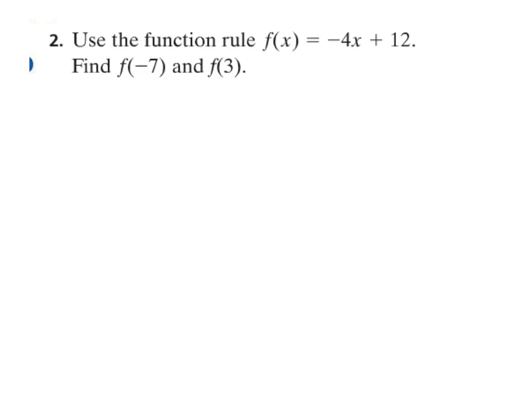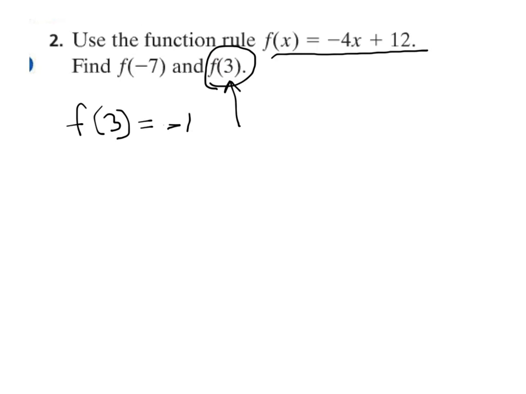Let's try another. Use the function rule f of x is equal to negative 4x plus 12. Find f of 3. So what is the value of x given now? 3. So f of 3 is equal to negative 4.